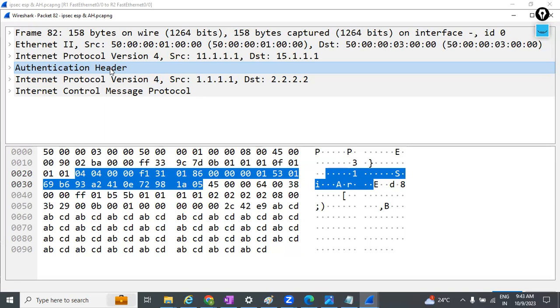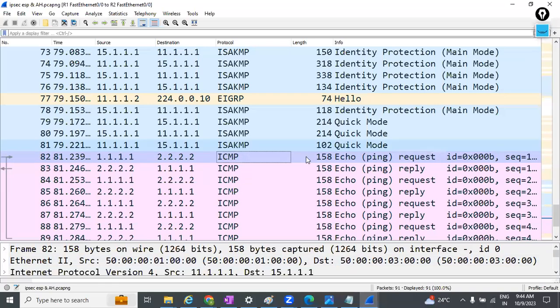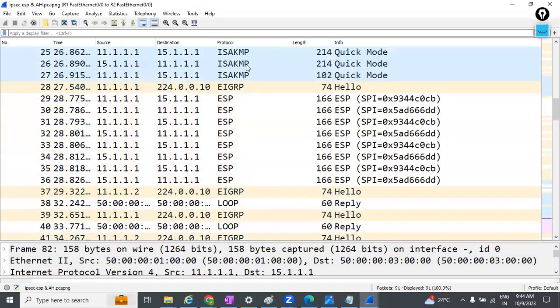Encryption is not needed. There are many scenarios where encryption won't be needed, because inside the corporate network I trust my team, but I cannot trust blindly. So you can put encryption also, but still I trust that. That's the reason I'm using authentication. So as you can see, as per authentication, if I compare it with the previous message here, this is ESP.